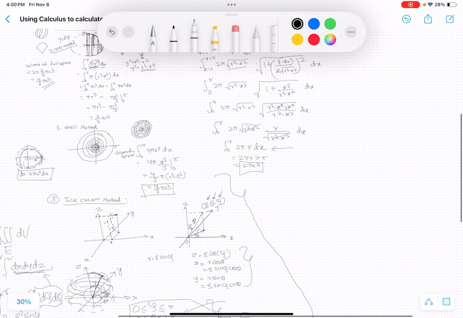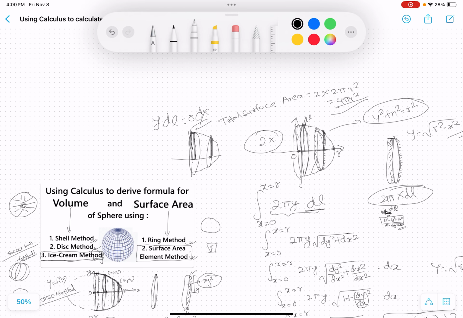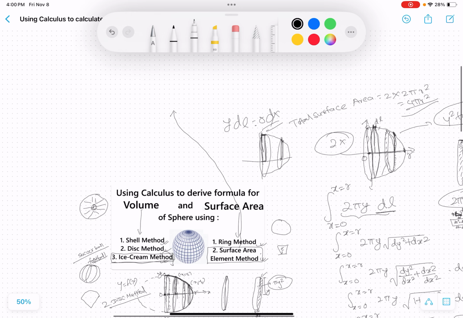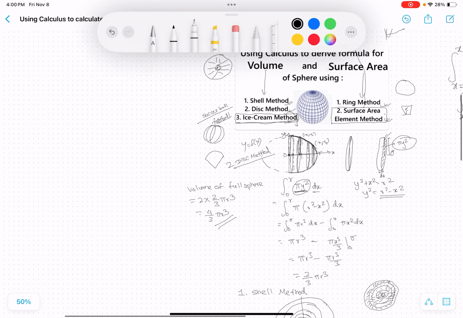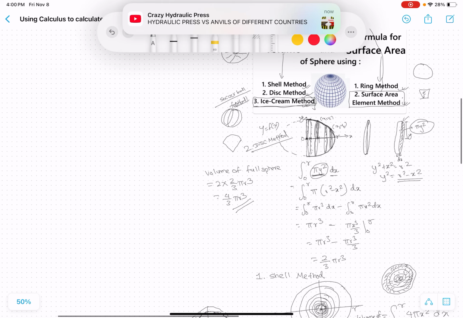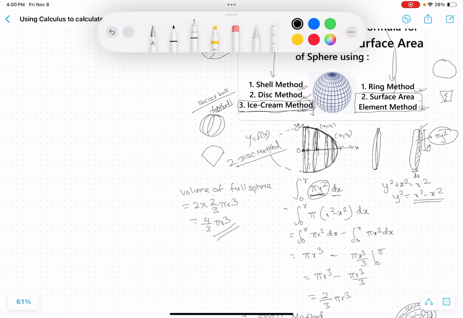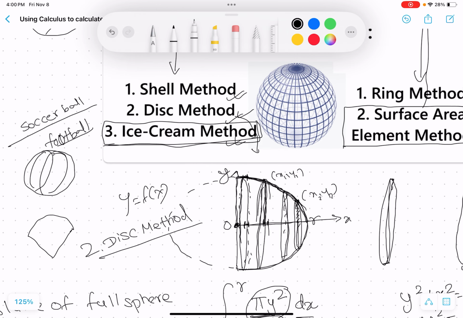Now, finding surface area using the surface area element method, right? Again, for this one, we'll just get back to the spherical coordinates because that's easier. Now, let's say this coordinate system was in terms of, again, these three elements, rho, theta, phi.